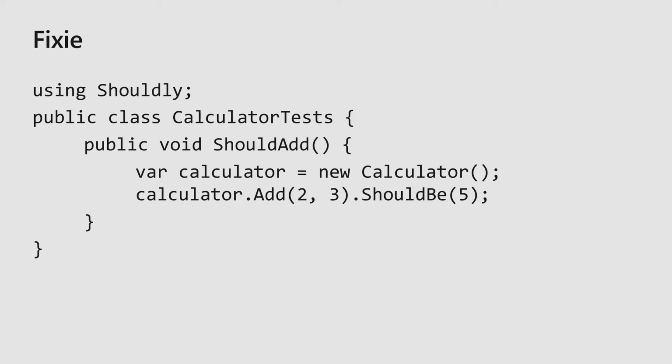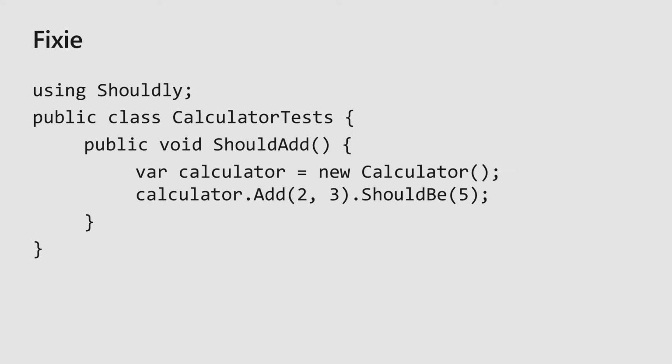Fixie also doesn't come with an assertion library, and we're going to move on to assertion libraries in a bit. With Fixie, you can use whatever assertion library you have. Right here, I'm using Shouldly. Shouldly is a pretty fluent assertion library in .NET Core that does two things: it makes your assertion code a bit more English-like, and any errors you get contain a bit more detail than you get from, say, using Assert.Equal in XUnit.